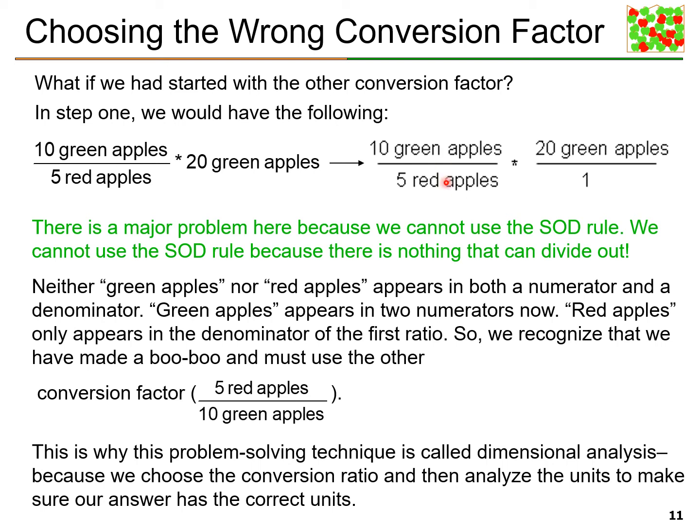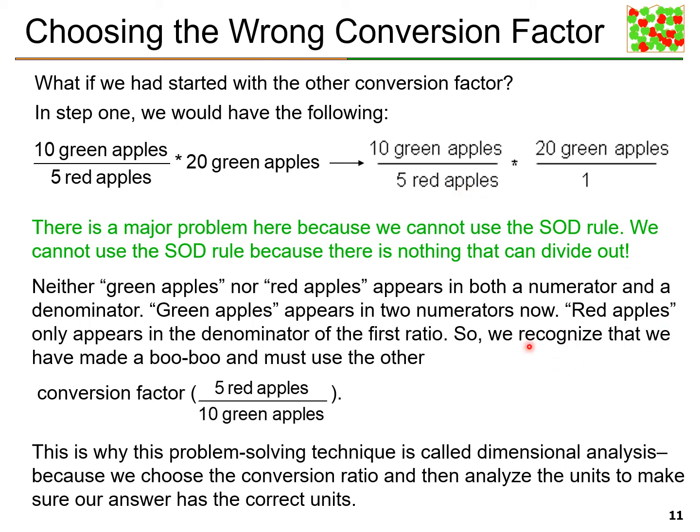In order to have something to divide out, we need the unit to be both in the numerator and the denominator. Here, green apples appears twice as a numerator. Never does it appear as a denominator. Red apples appears only once. So because it only appears once, it cannot cancel out with anything.